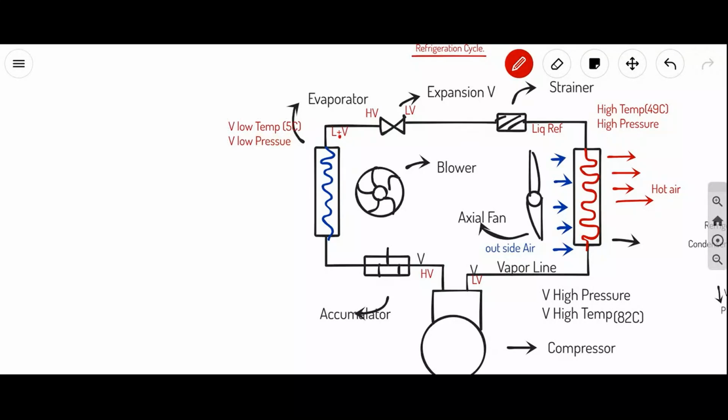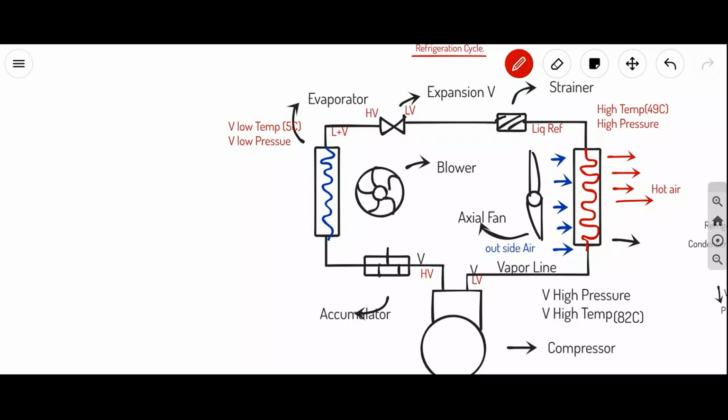Now this low temperature, low pressure refrigerant will enter into the evaporator. This evaporator will be inside the condition space, as it is inside the condition space.